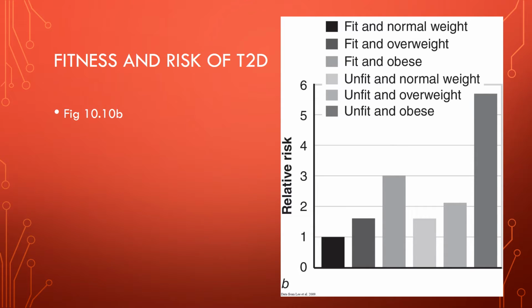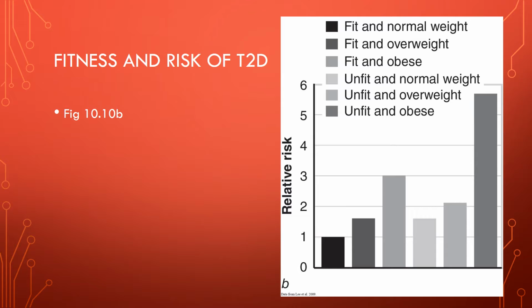So fitness also has been studied in relationship to type 2 diabetes risk. This is from the Aerobic Center Longitudinal Study, which you've learned about previously. And this is where all participants undergo a graded exercise test and all kinds of other assessments. And so they looked at people divided up by fit or unfit, and then normal weight, overweight, and obese.